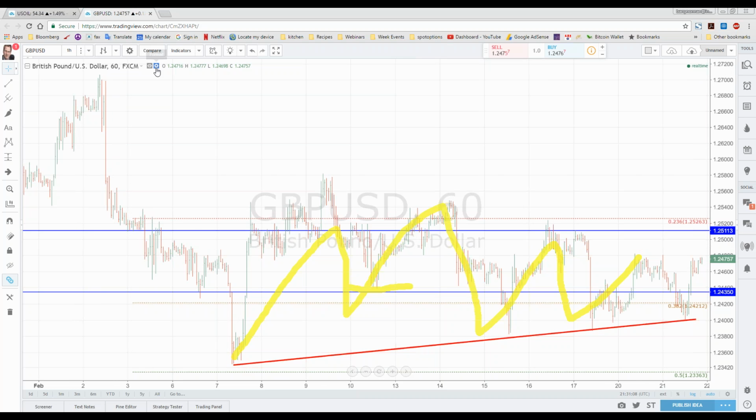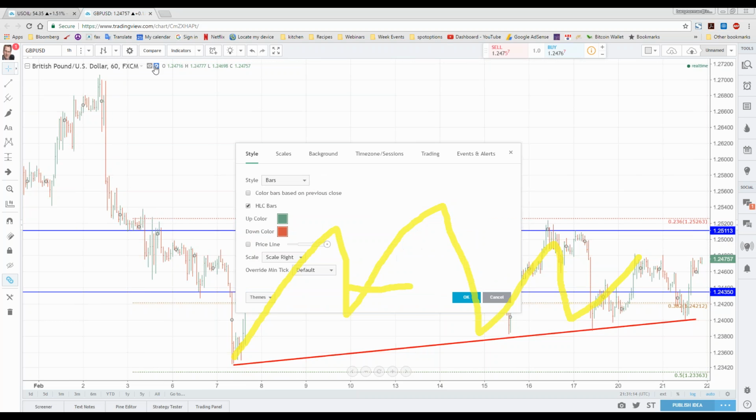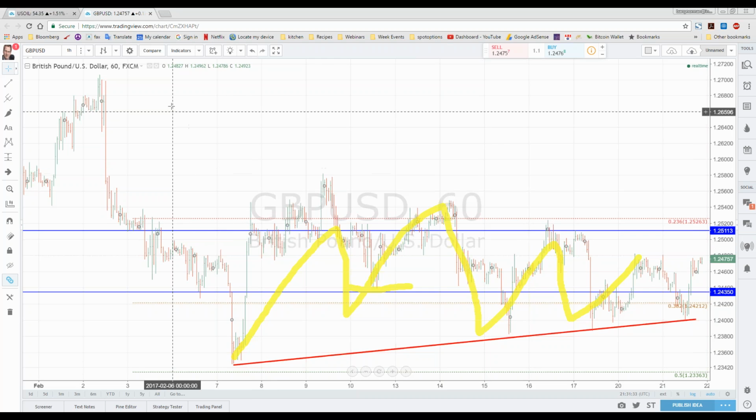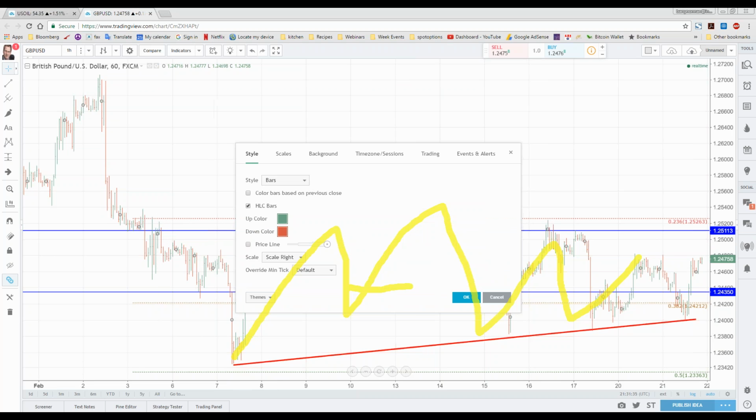Let's put this in a bar chart, and I'm just going to make the price line a little bit thicker for us. Okay, why didn't it save my colors here?